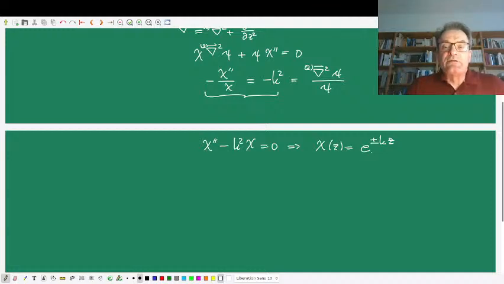And now we need to see which of these two branches of the solution, which of these two independent solutions we need. So for z positive, if we are above the disk plane, the potential should decrease to 0 as z goes to infinity. So when I'm infinitely high above the disk, the potential should vanish. So for z positive, I need the negative branch, e to the minus kz.